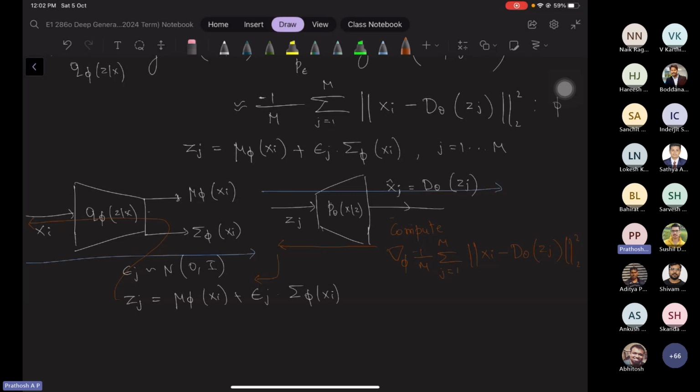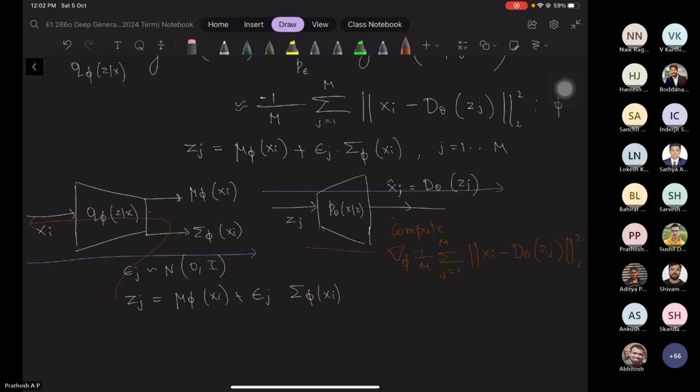So maybe I will write it this way to make it easier. From here, it'll go like this. First it will come like this, and from here, you travel like this. This is for the reverse pass. Now the forward pass also comes like this, through this, and then from here you go like this.